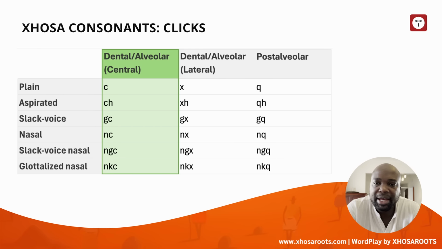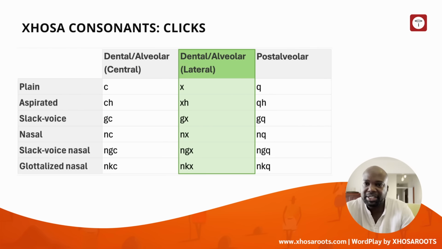Now for the lateral clicks, which I said earlier are also dental or alveolar, excuse me, lateral clicks. The sound is produced by the sides of your tongue placed against the sides of your mouth, against the teeth on the sides of your mouth.